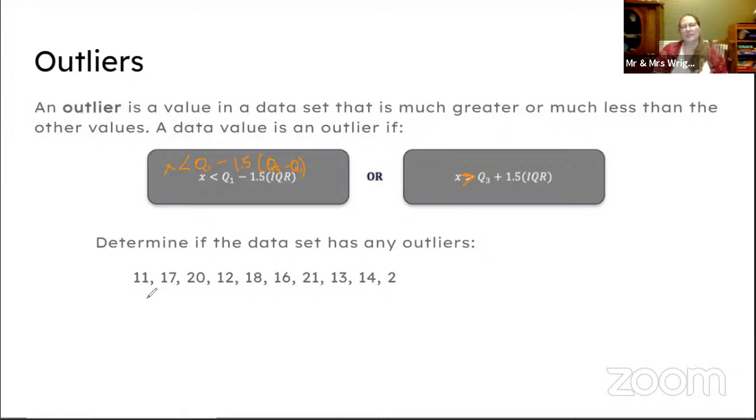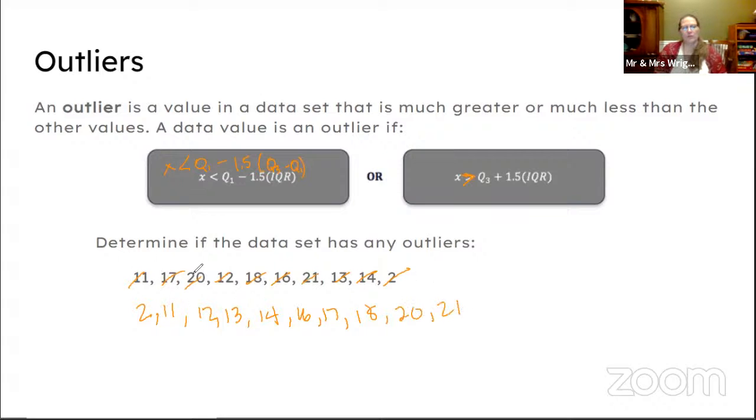So here we're going to look at this data set, and we're going to determine if it has any outliers. The first thing we need to do is put this in order from least to greatest. So there's 2, and then it looks like 11, and then 12, and then 13, 14, 16, 17, 18, 20, and 21.